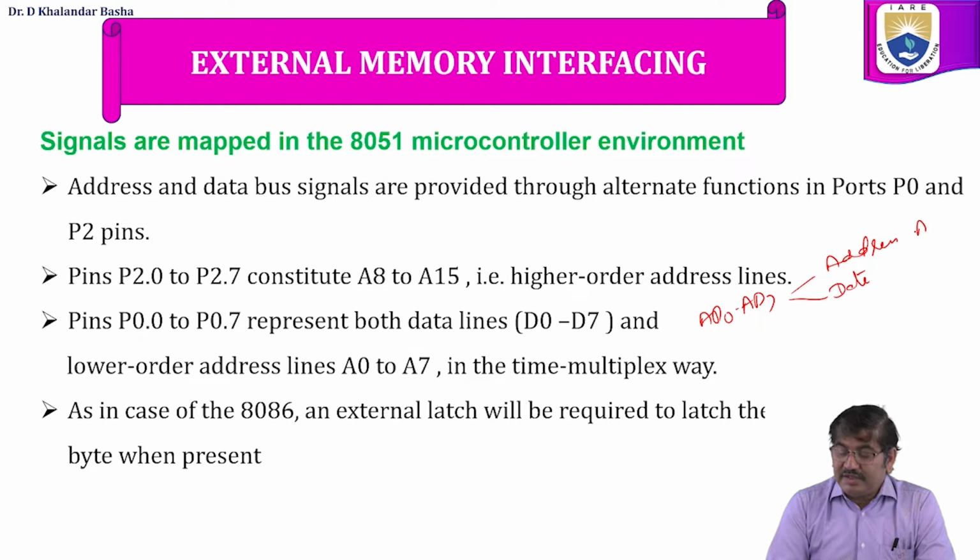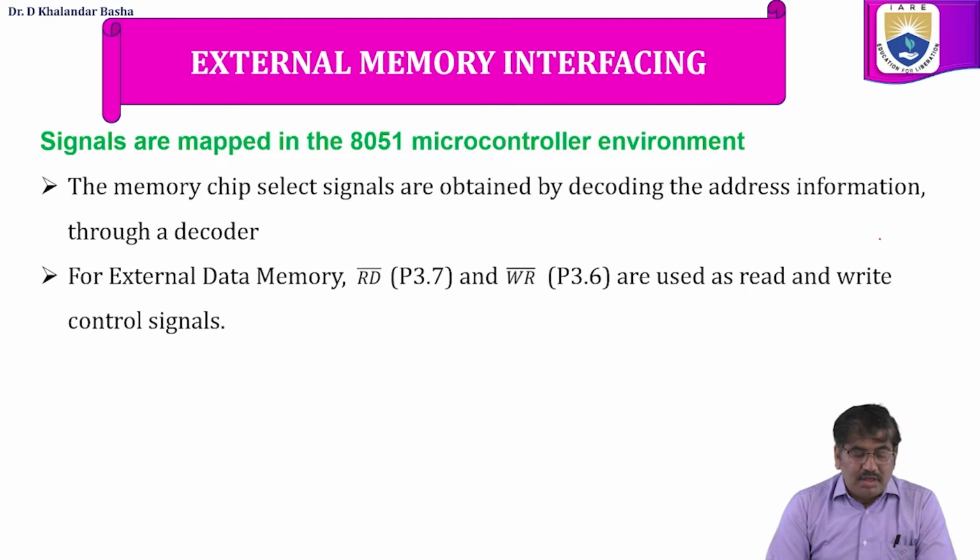When ALE is equal to 1, address will be placed on these lines. When ALE is equal to 0, data will be placed on these lines. So in this case, an external latch will be required to latch the byte when it is present. The memory chip select signals are obtained by decoding the address information through a decoder.